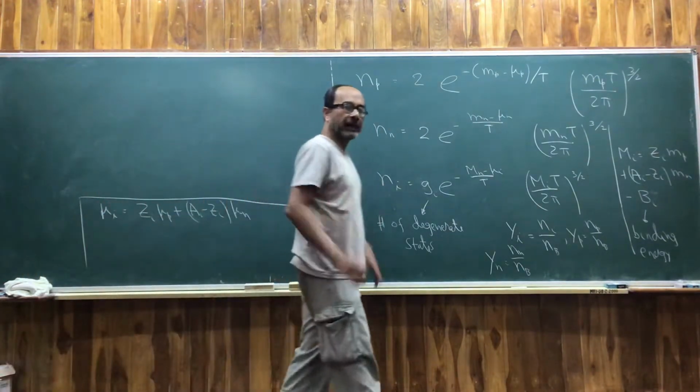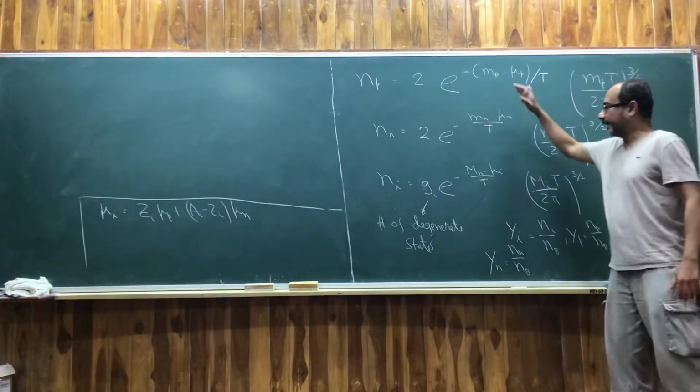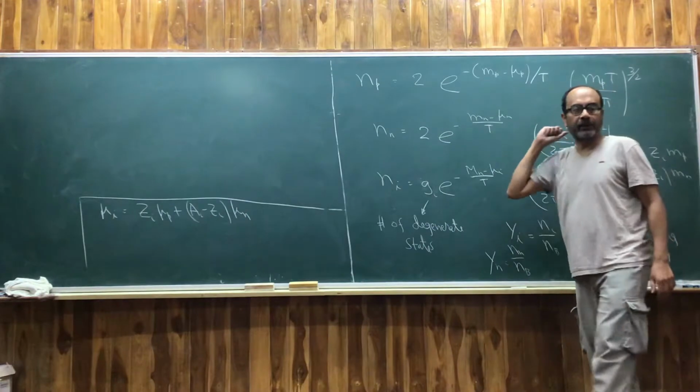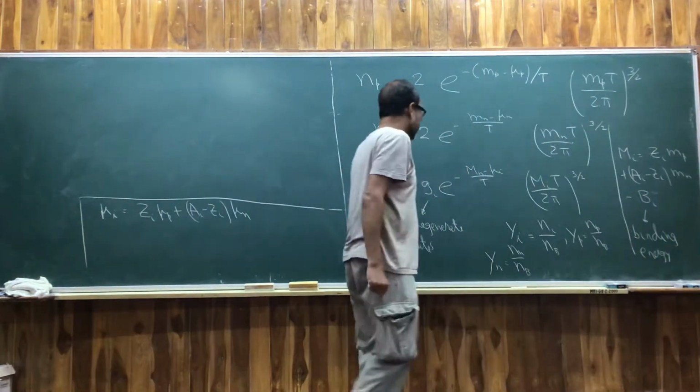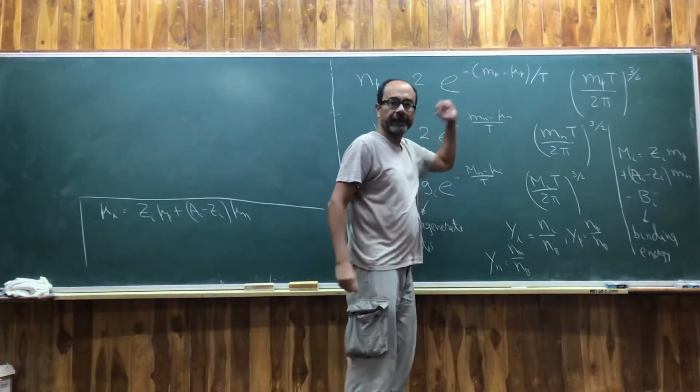But we can try to make our life simple by eliminating mu p and mu n from these equations. Okay? And the reason that we can do this is because the dependence on mu p and mu n is very simple, right? This is mu i here, mu n and mu p.